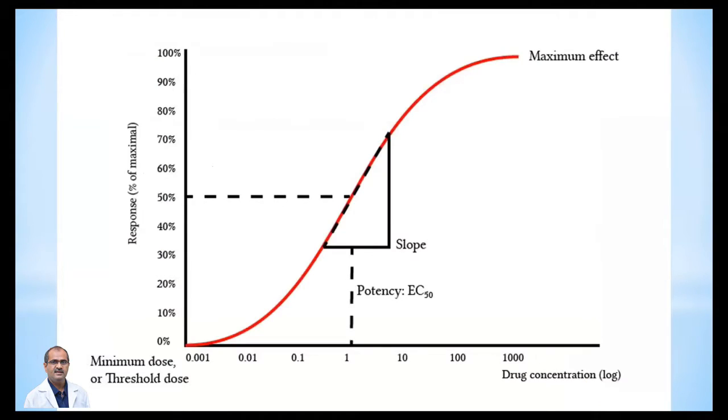This is what you call the quantal response. Here you can see it is always in the log dose concentration, 0.001, 0.01 like that. So this is the log whenever we convert the dose to log. Here the response has started.